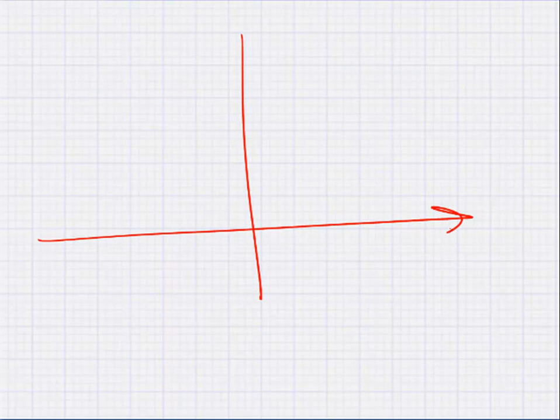if I take the inverse sine of some value, I'll call it y, I'm going to get some angle. The idea is that this is the y coordinate for this particular angle on the unit circle.